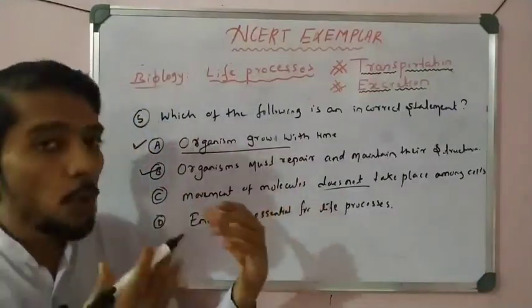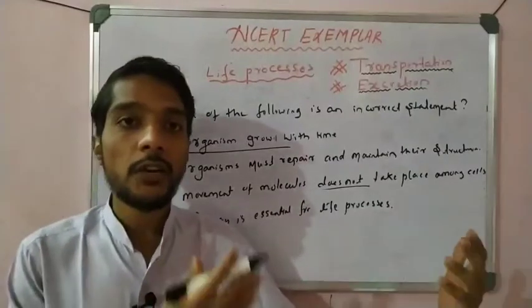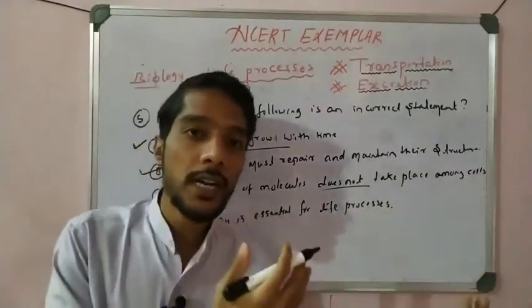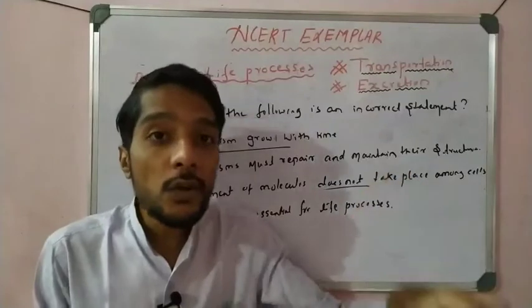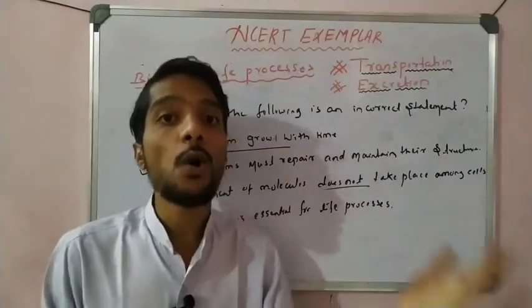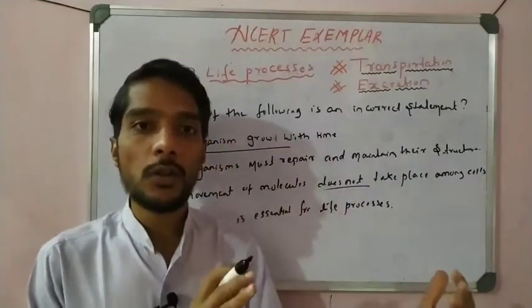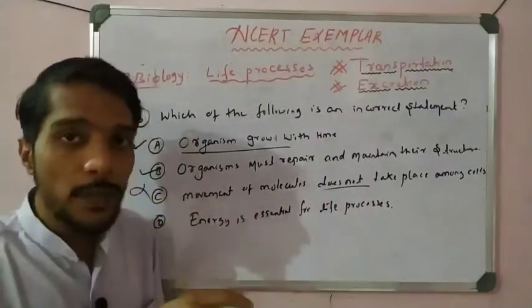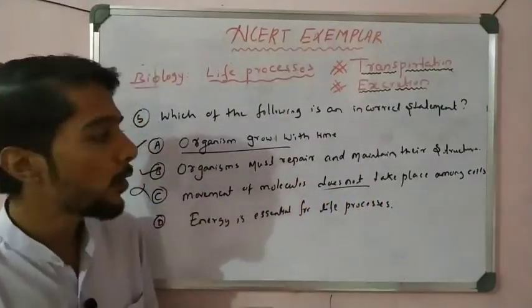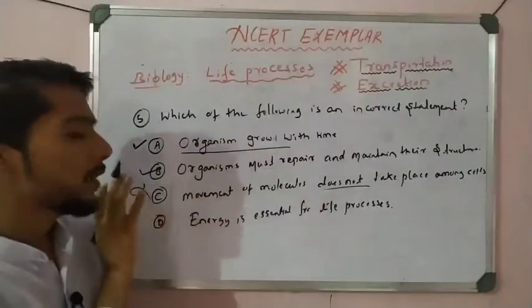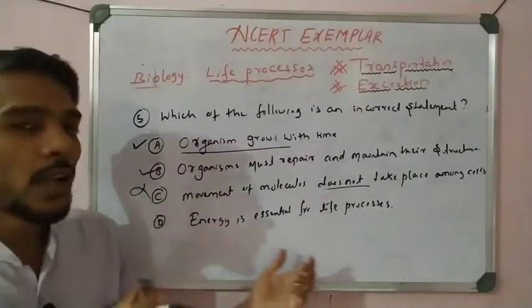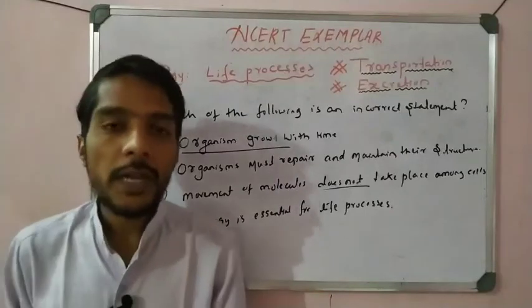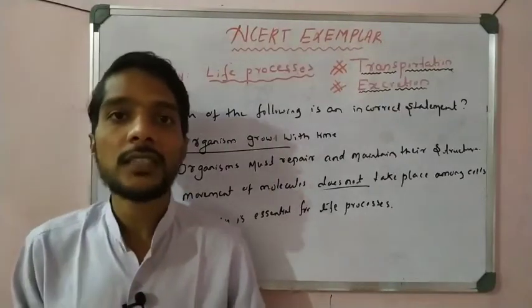Actually in the body there is movement of molecules between the cells. By diffusion, carbon dioxide and oxygen move; the proteins are inside the cell, the oxygen is entering into the cell and the carbon dioxide is coming out from the cell. These are movements of molecules, but the statement said it does not take place. That is a wrong statement. And energy is essential for life, that is correct. We take food, intake of food, nutrition, that is essential for life.